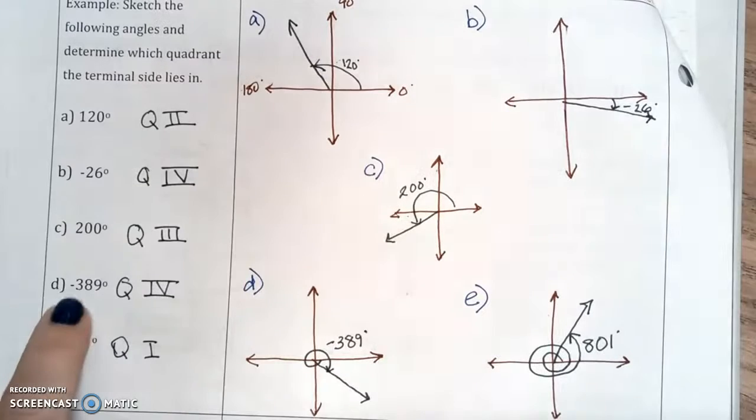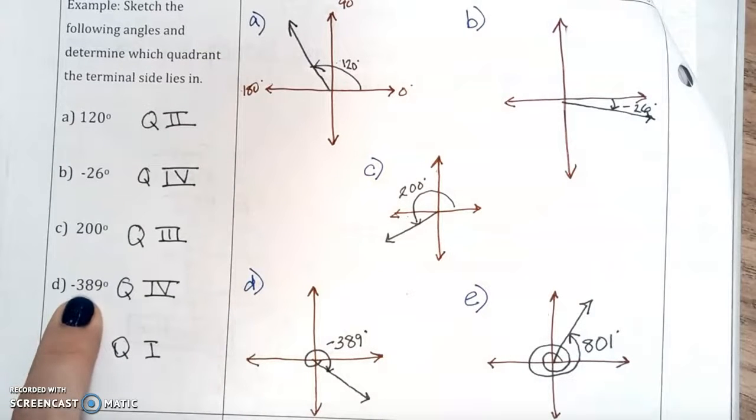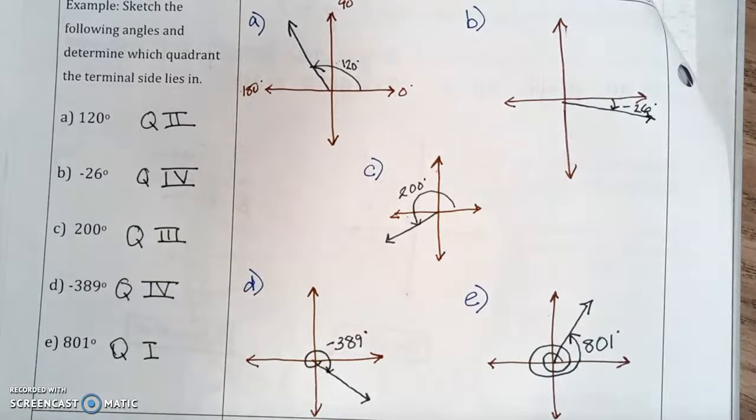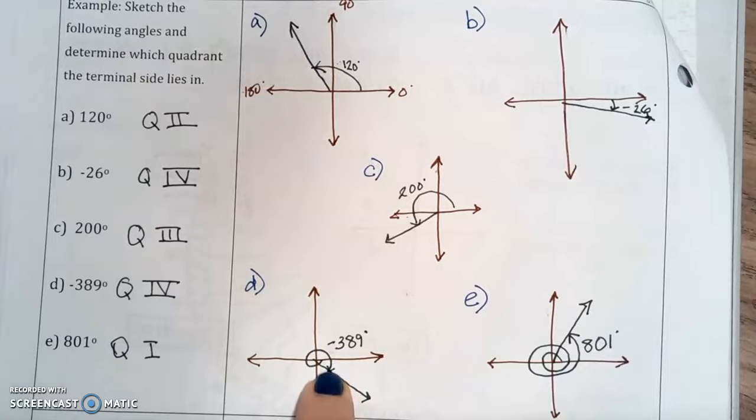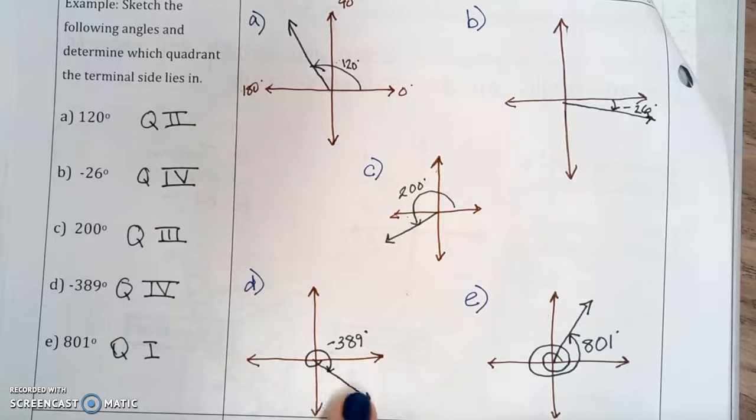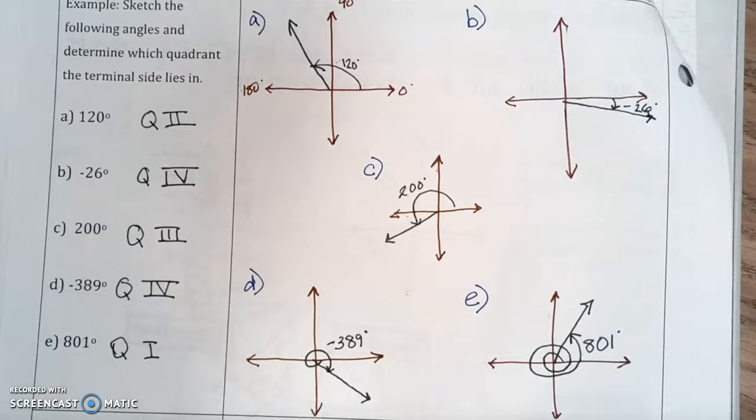For D, they want a negative 389 degrees. So negative 360 would be a full loop, right? So if we're starting at 0, one full loop plus a little bit more, 29 more, puts us down here in quadrant 4.